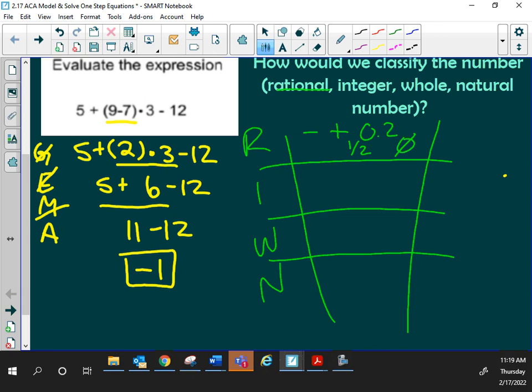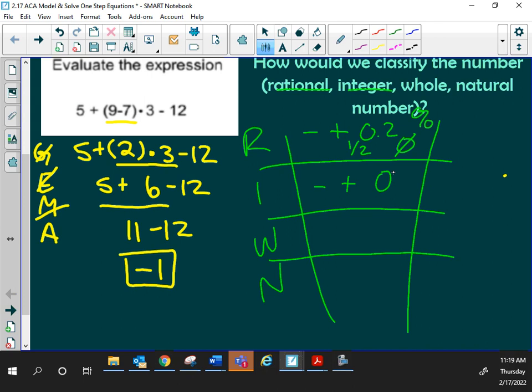At the time we hadn't talked about percent, but percent would go in there as well. I stands for integers. So what makes it through? Negative, positive, 0. Percents are not going to make it through because percents are out of 100 and they're either fractions or decimals once you actually turn them into it.